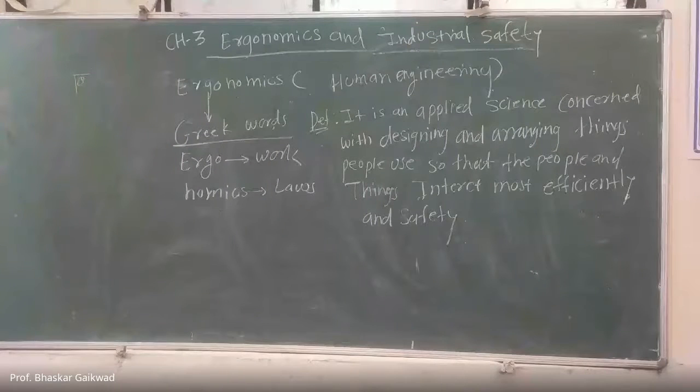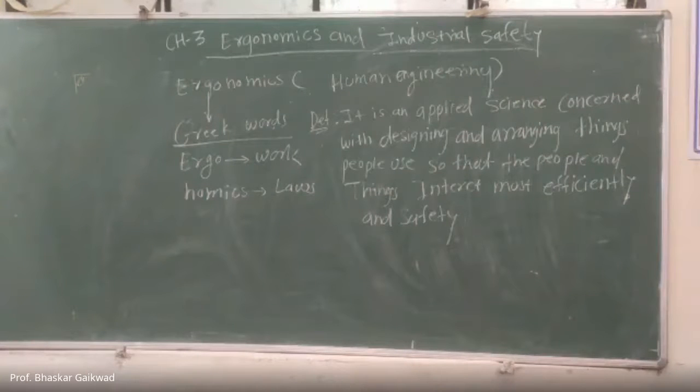It is used in industry as a science for designing and arranging things, things meaning machines, so that people can interact with such things. Because of that, the work will be more effective, with good efficiency and safety.